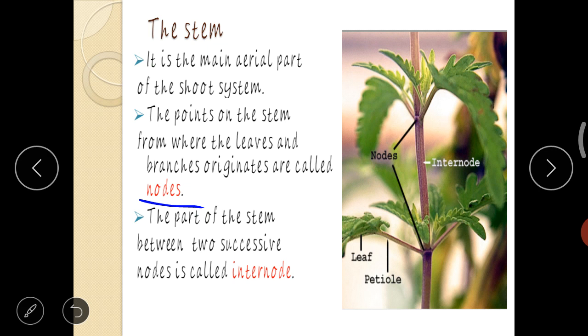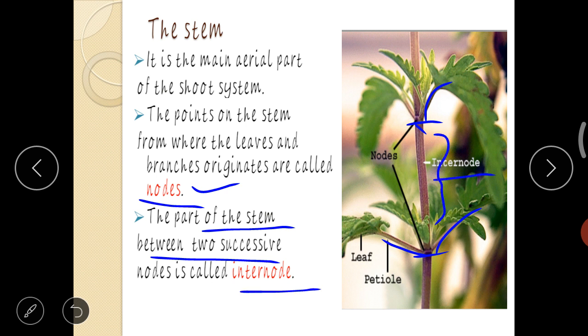In this picture you can clearly see these points. The part of the stem between two successive nodes is called an internode.